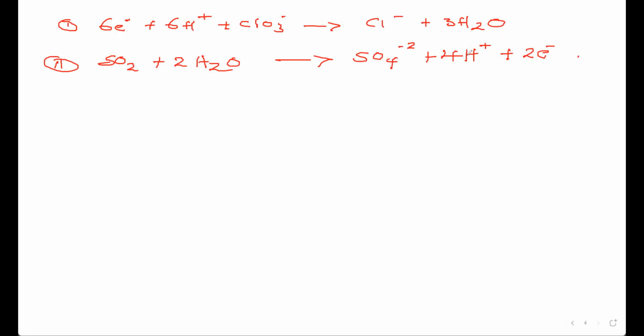How do you tell? Well, it depends on where you add electrons. If you add electrons on the left-hand side of the reaction, or rather on the reactant side, then that reaction is the reduction reaction. And if you add electrons on the product side, then the reaction is the oxidation reaction.